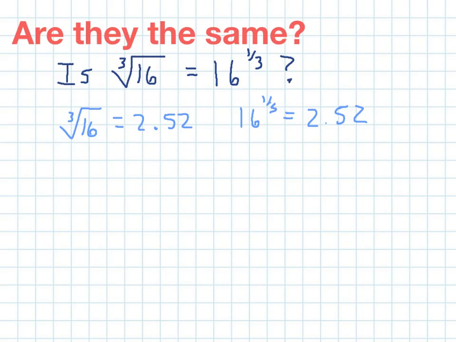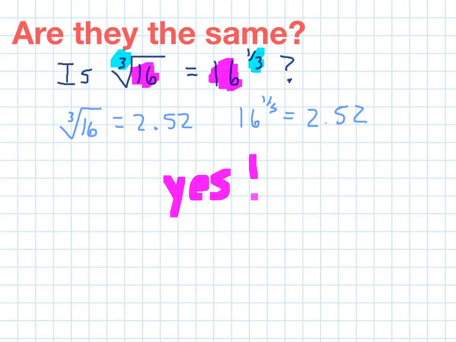But we've got to think too about those times when a calculator won't do it for us. Remember the idea from the previous slides, that because we have an index matching a denominator, and we know that our radicand matches our base, that tells us that yes, these are equal.